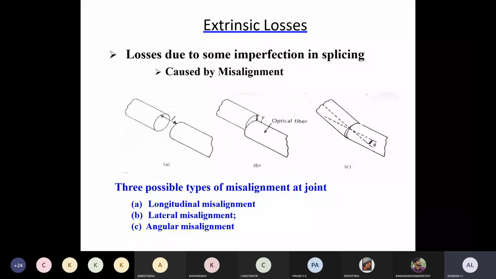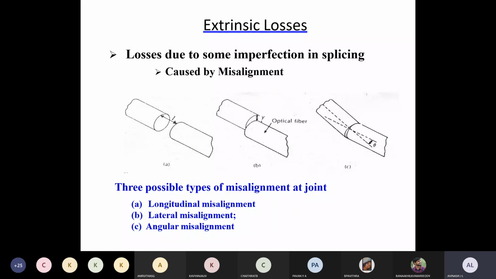The second thing is lateral misalignment. You can see the diagram. Two fibers are joined together, but the problem is that the core axis of the first fiber is not matching the core axis of the second fiber.